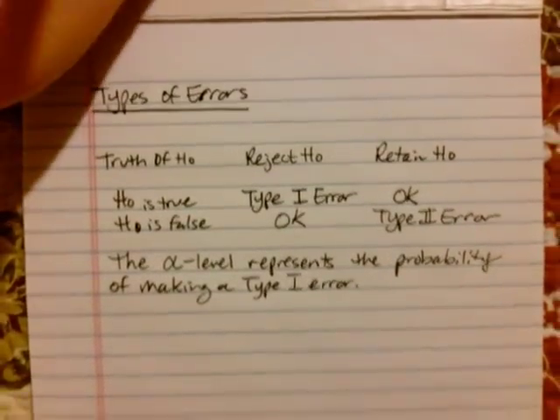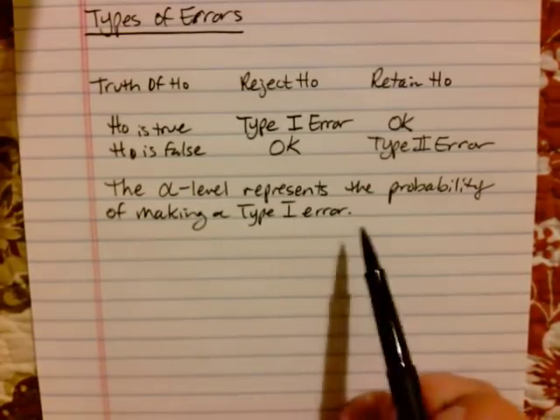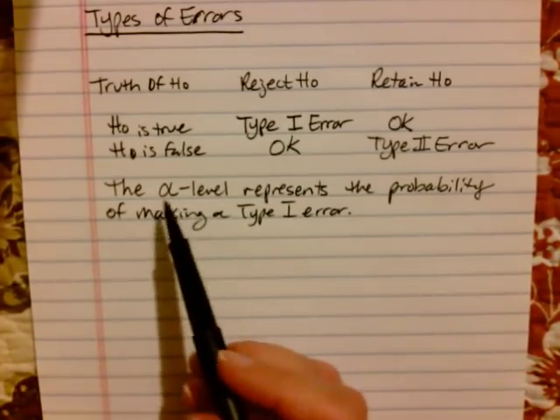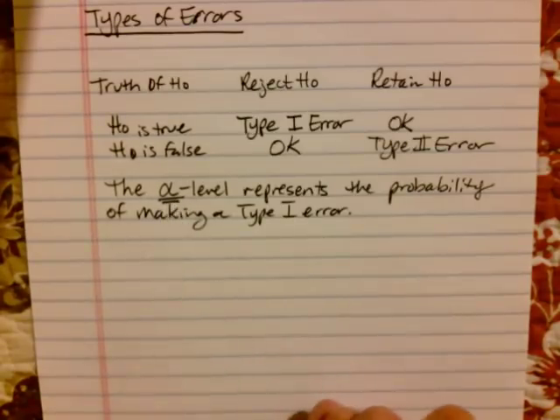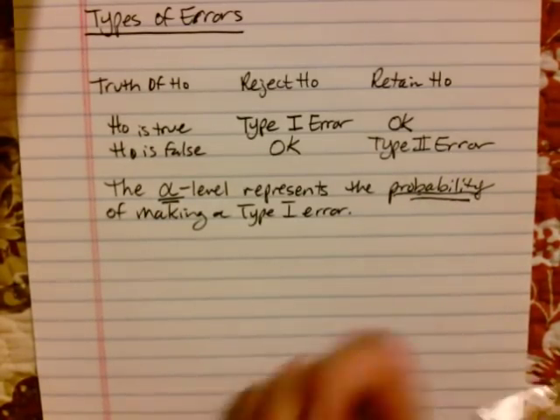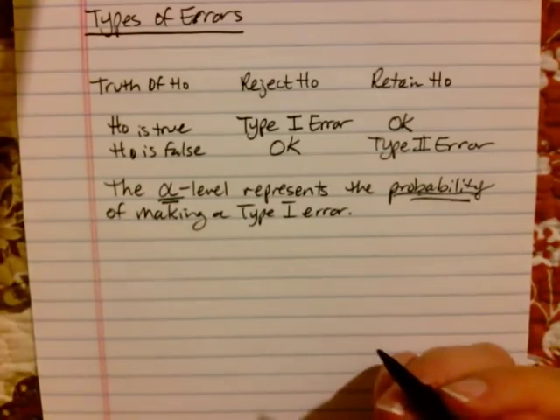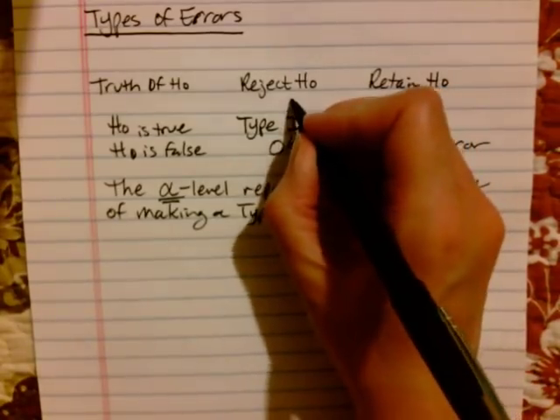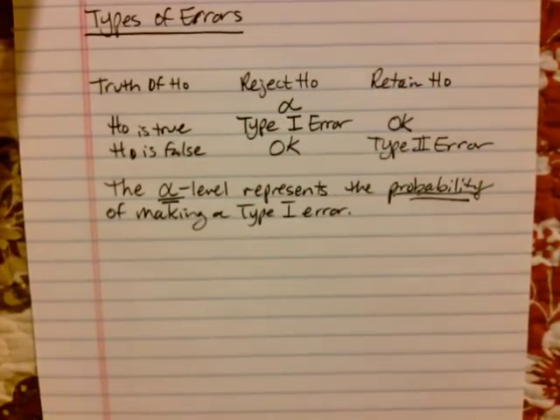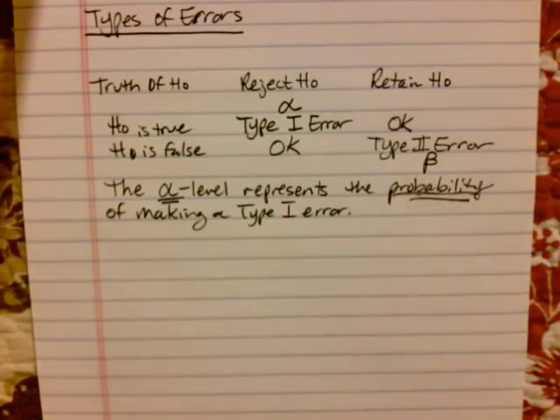So right at the beginning of the whole process, we decide how confident we want to be that we haven't made a type 1 error. The lower we set this value, the lower our probability of making a type 1 error. But this alpha level is the thing we end up comparing our p-value to. Okay, so type 1 errors have a probability of alpha. Type 2 errors technically have a probability of beta, but we won't actually be doing anything with beta in this class.